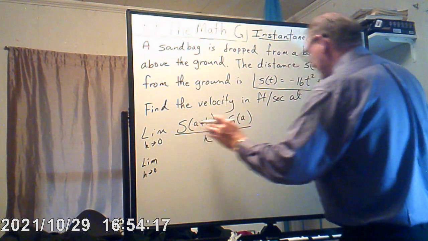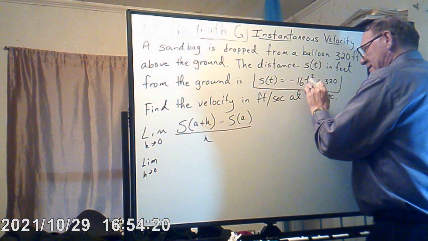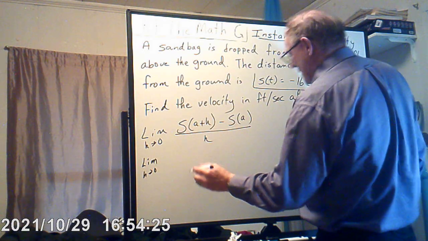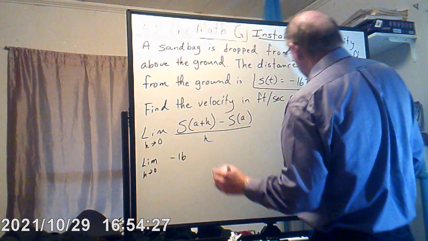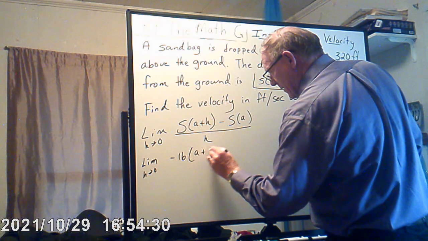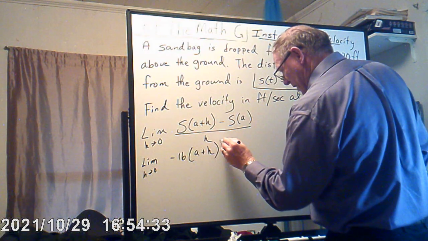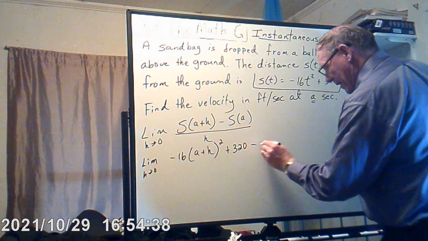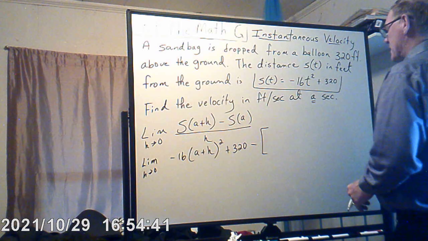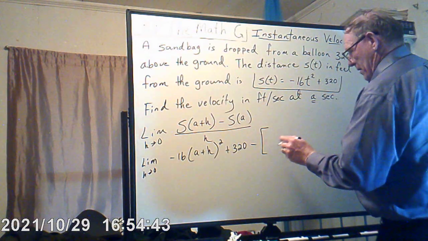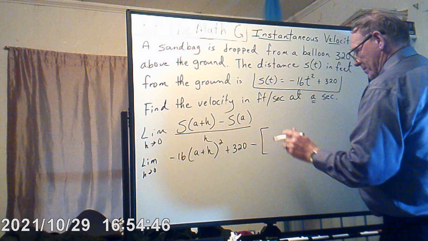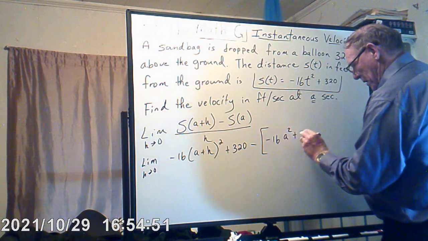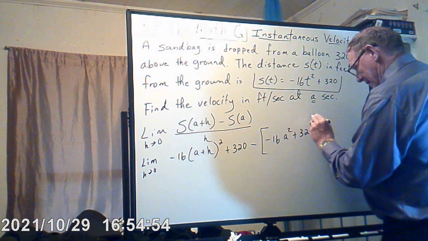In place of T, we're going to put A plus H. So this is negative 16 times A plus H squared plus 320, minus S at A. All I'm doing is putting A in its place, so negative 16 A squared plus 320.